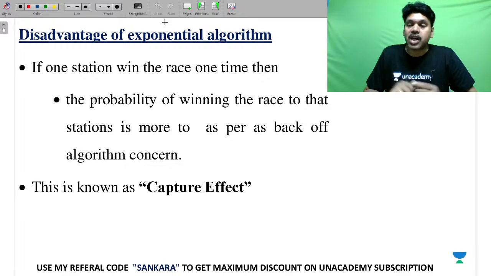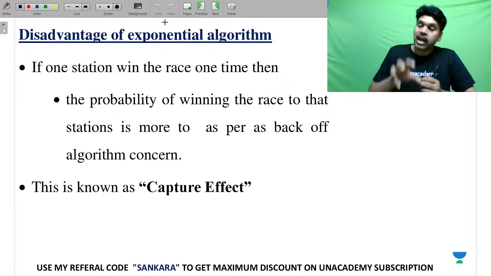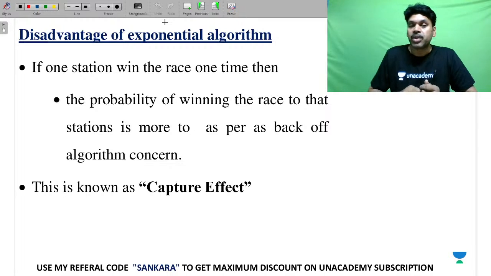Therefore, it is the concept of capturing the channel, and it sometimes also leads to starvation of another node waiting for retransmission of its first transmission and to access the channel. How the capturing effect and the starvation come about, we will look at in this session.